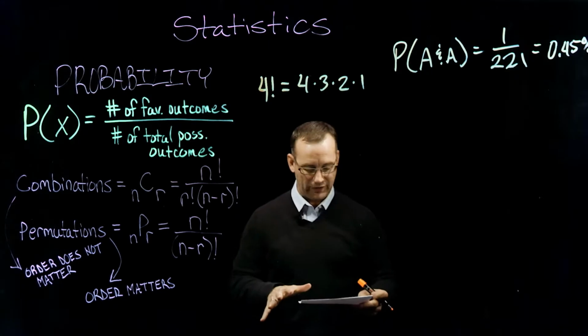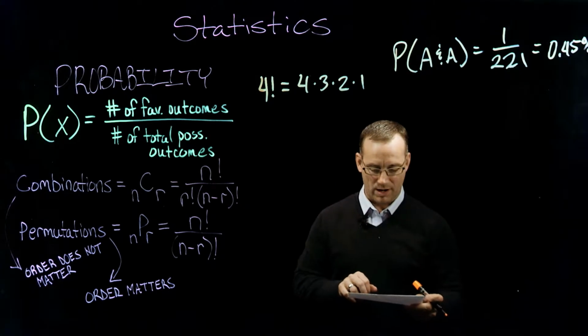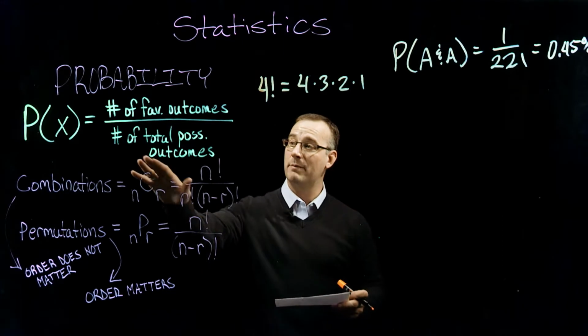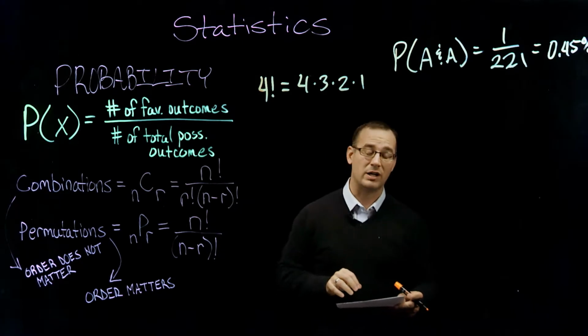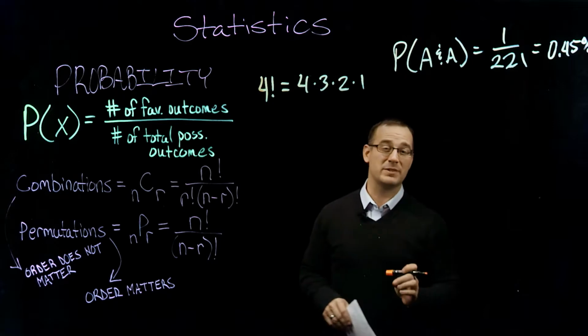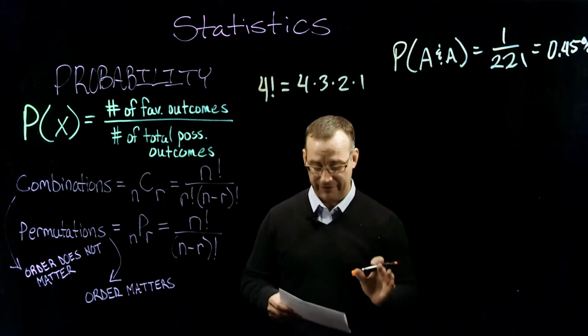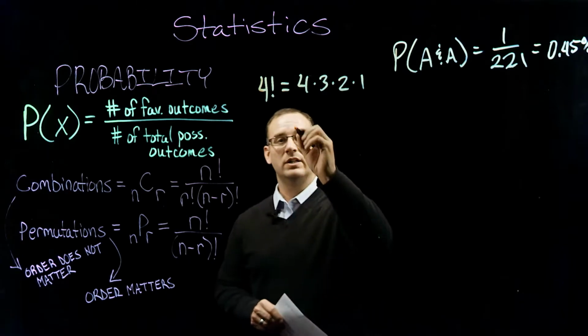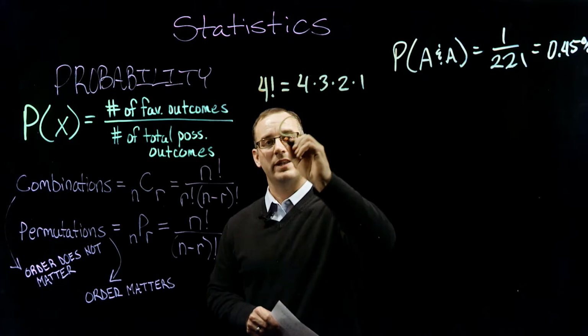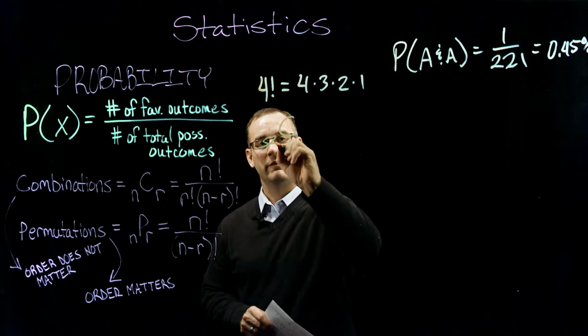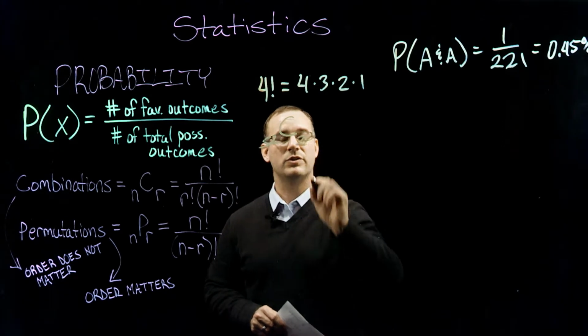First, let's look at how many total possible outcomes there are. We're going to look at how many two-card combinations we can draw out of the entire 52-card deck. We would write that as 52 choose 2.